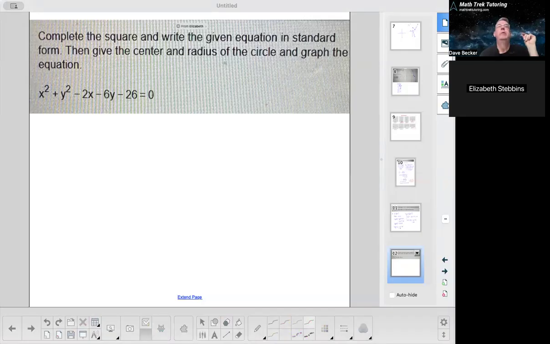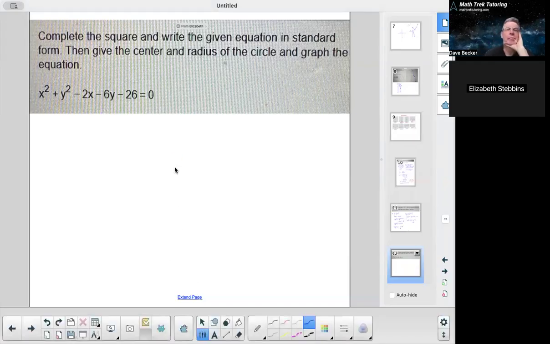And then I think you showed me how to do it in the calculator. We can't, because there's an X and a Y in this. So you have to do this one by hand. So in order to do it, you have to do both the X's and the Y's.